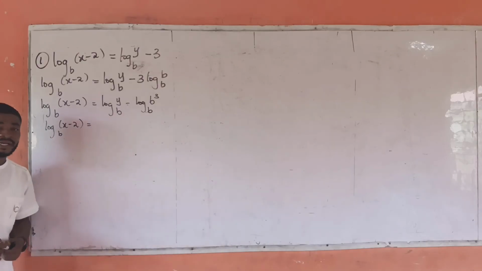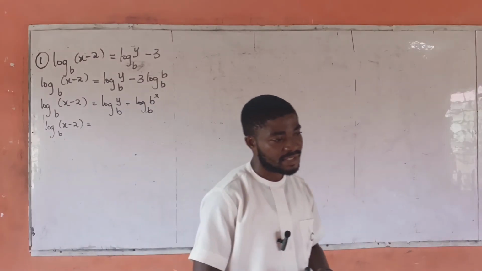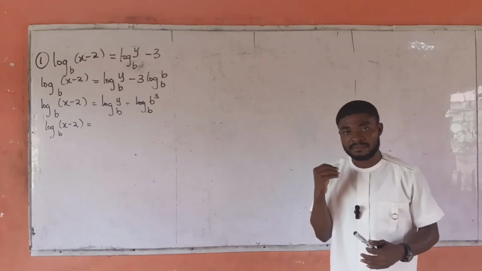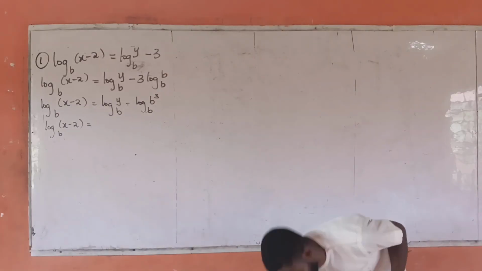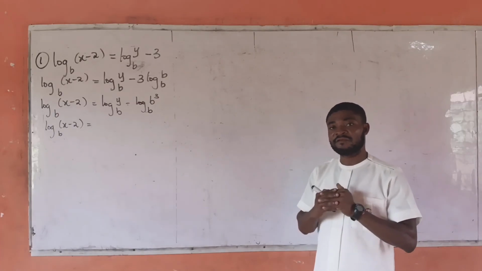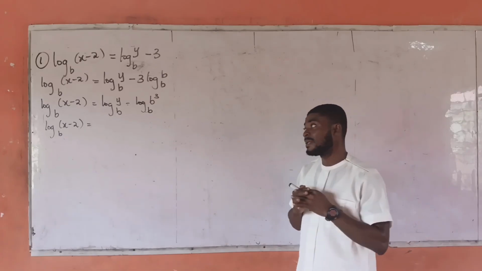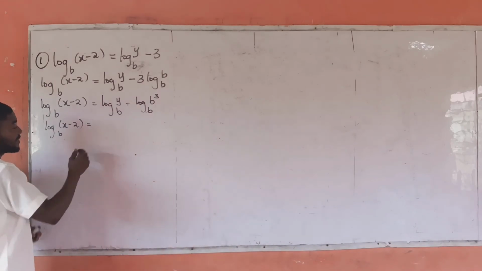And at the same time, when we have 2 logs subtracting, in logarithm, log a base b minus log c base b is the same as log a over c all base b. So this is going to lead to the division property of logarithm.